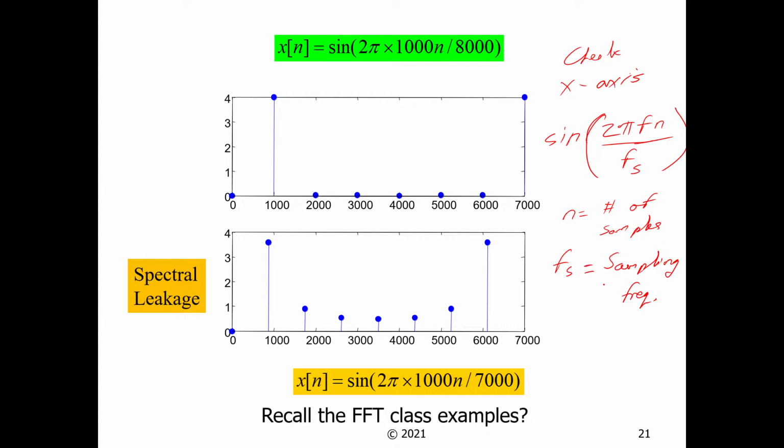What these graphs here represent is when we actually do the FFT of that x of n. So that's why I need to verify this x-axis. So I'm going to have to replot the FFTs for these and make sure that the x-axis values here were correct in particular.